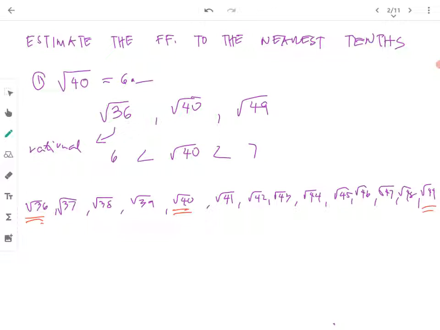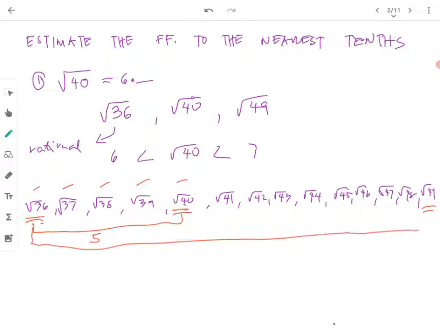So what we do is express this as a fraction. From 36 to 40, that is 1, 2, 3, 4, 5 parts out of the parts from 36 to 49, that's 1, 2, 3, 4, 5, 6, 7, 8, 9, 10, 11, 12, 13, 14.